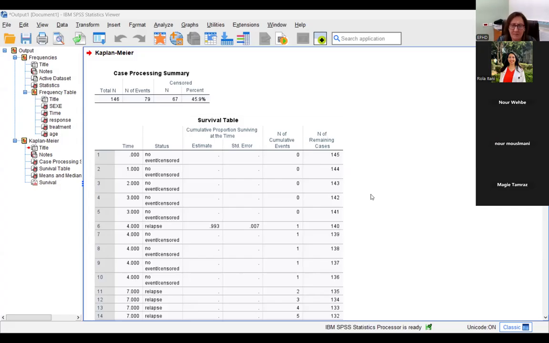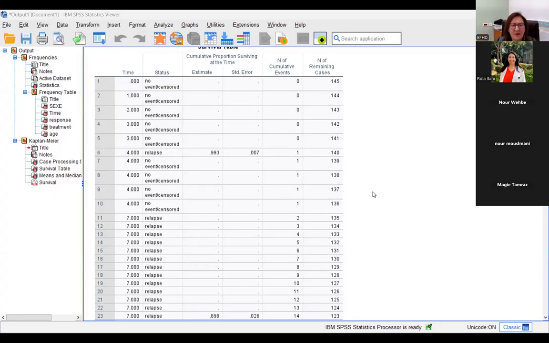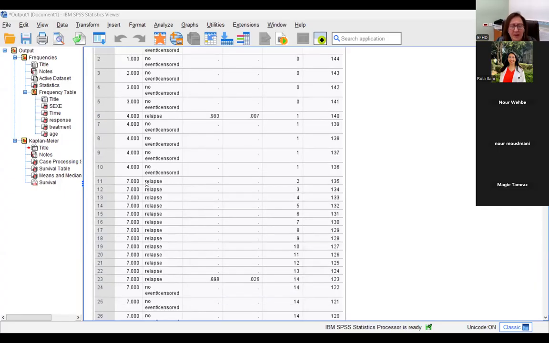It's not exactly the same table I showed you, but nevertheless, this is really the way it is calculated. So all of these have no event, and then when it comes to relapse, I have several that relapse after month 7. It calculates the probability for everyone who relapsed at time 7 months, and then how many are at risk.